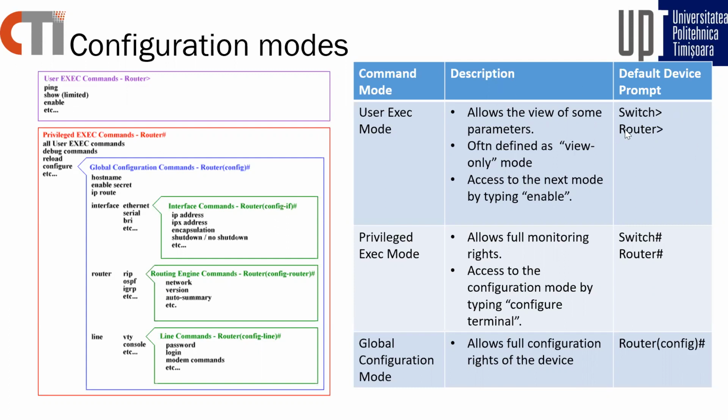So if you're in the user exec, you've got the greater than sign, which is similar to Linux's user mode. Now the privileged mode has the hash key. Now the hash is similar to Linux's root permissions.